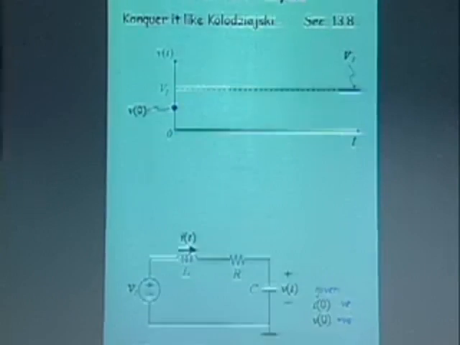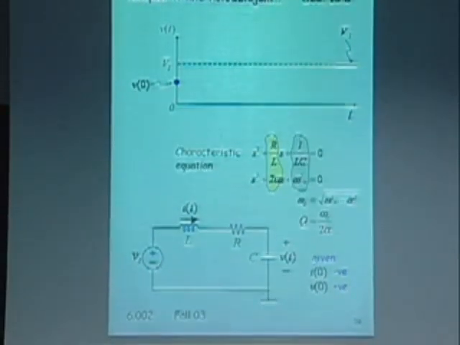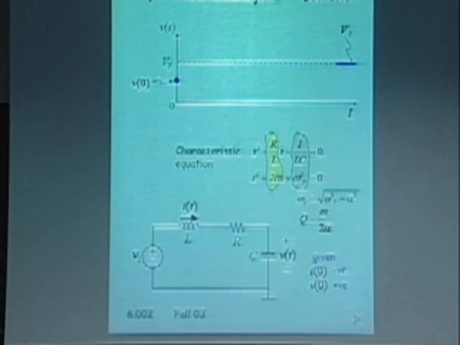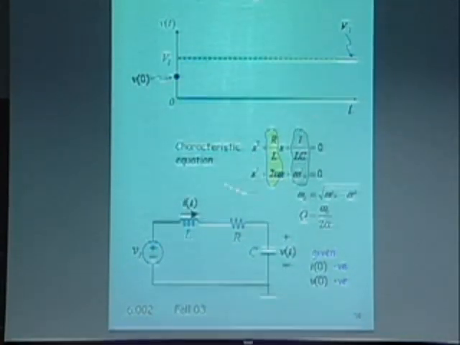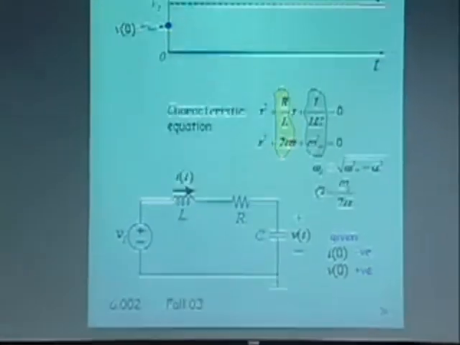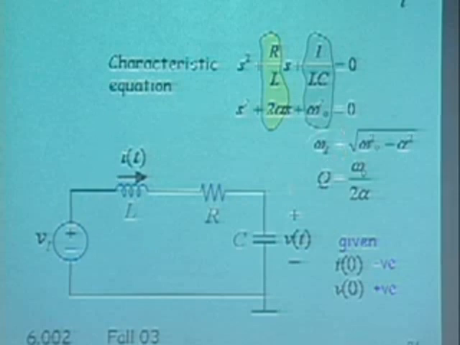So let's write the characteristic equation down. A week from today, you'll write it by inspection, but for now, you'll do it by writing a differential equation. And from the characteristic equation, you will get omega d, alpha, omega naught, and Q. Omega d gives you the frequency of oscillations.